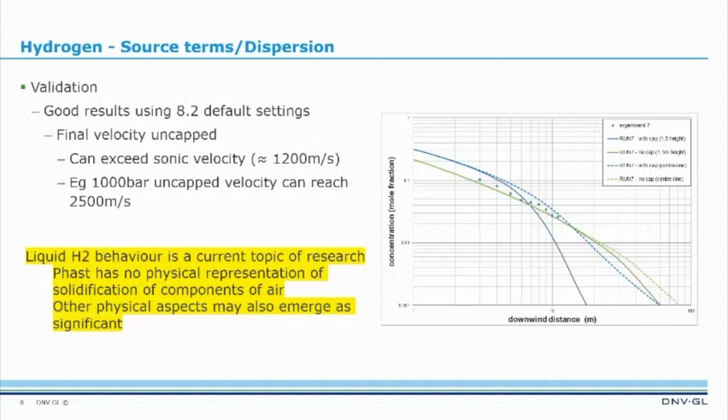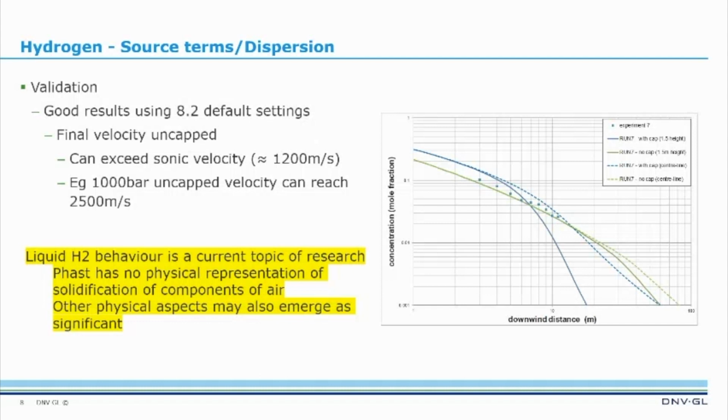And there are various options that people have looked at in the literature, particularly for hydrogen. You're probably going to be looking at high pressure releases. It's going to be shocking as the pressure drops to atmospheric from the actual hole, and there are different ways of approaching that in these models.